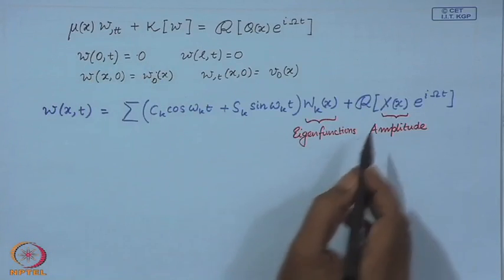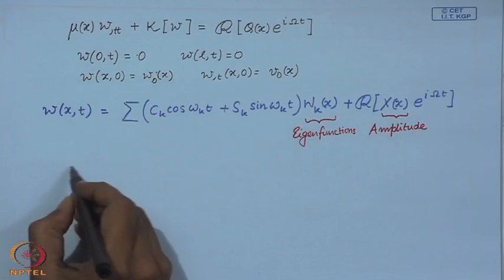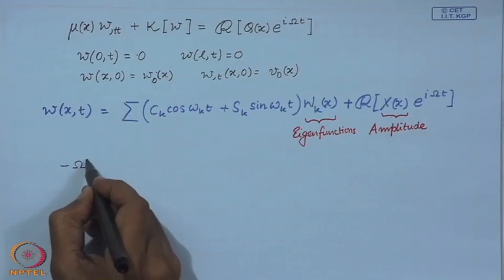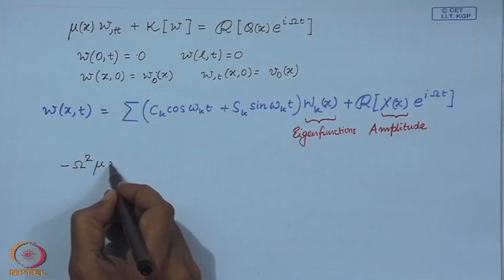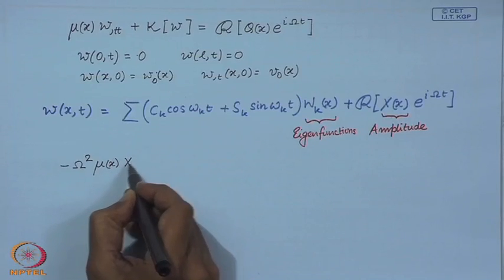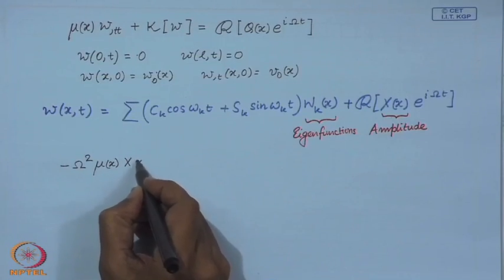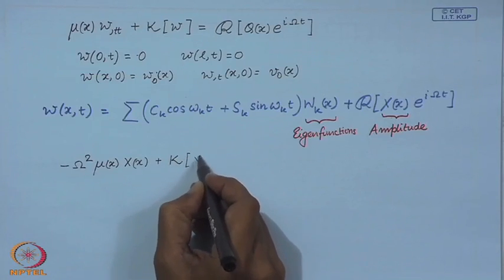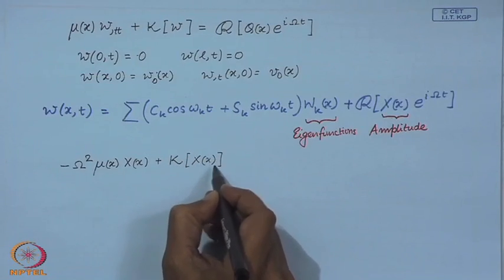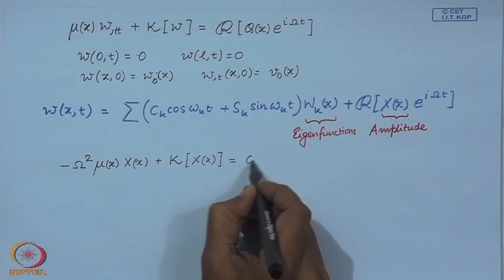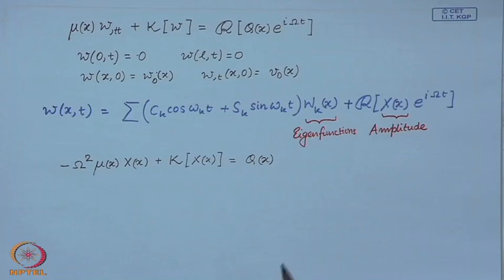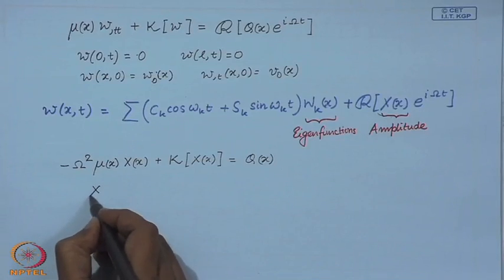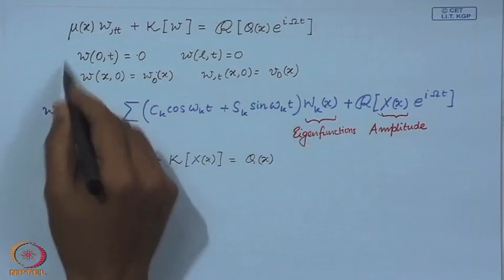The contribution from the particular solution can be written upon simplification, and along with this the amplitude function of the particular solution must also respect the boundary conditions.